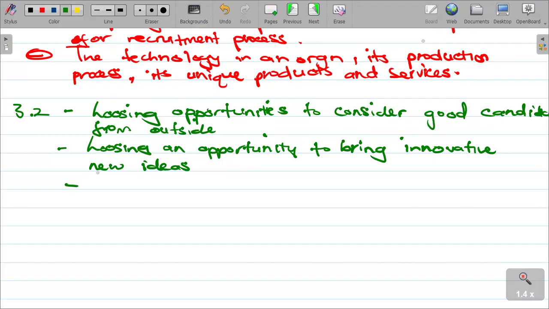And also incurring high training cost if they decide to recruit internally, because the person might not have the necessary experience and skills for that position.